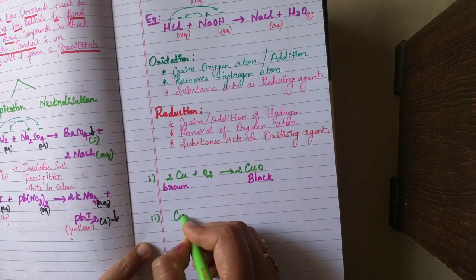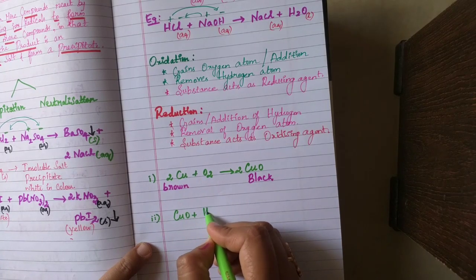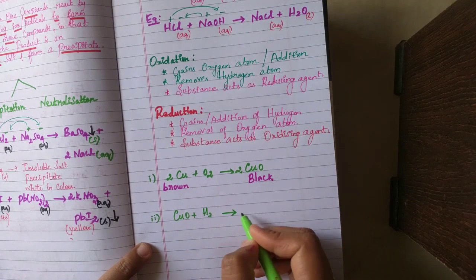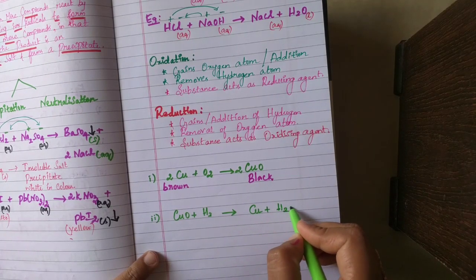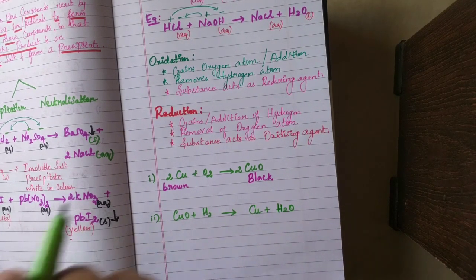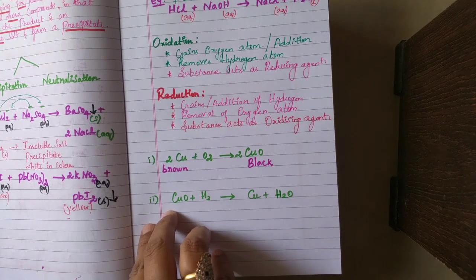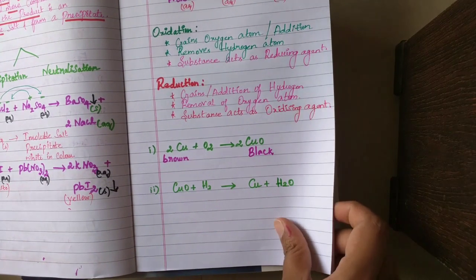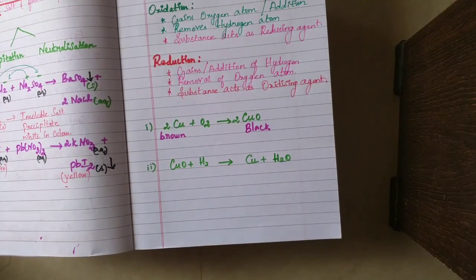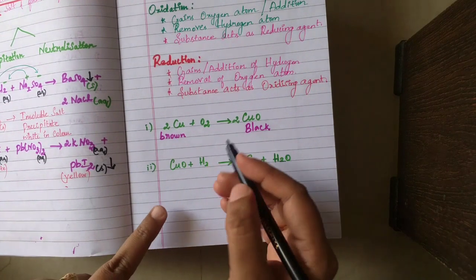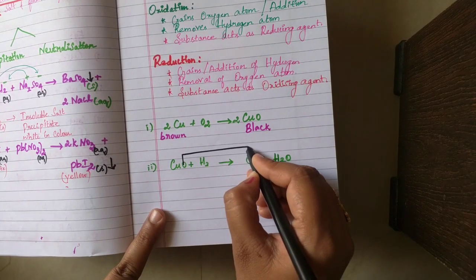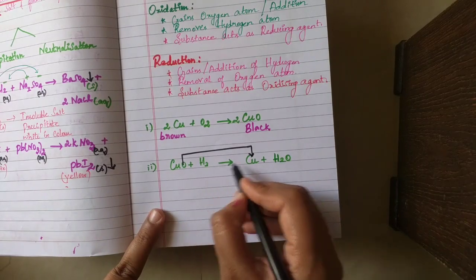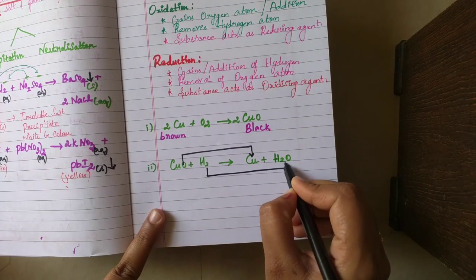Okay, next, one more example. When copper oxide reacts with hydrogen, it forms copper plus water. Here you have to find out which is oxidized and which is reduced. See here, first consider copper on both sides.